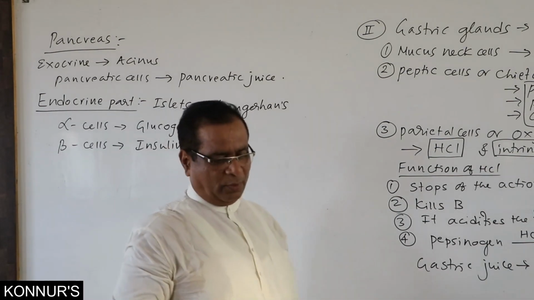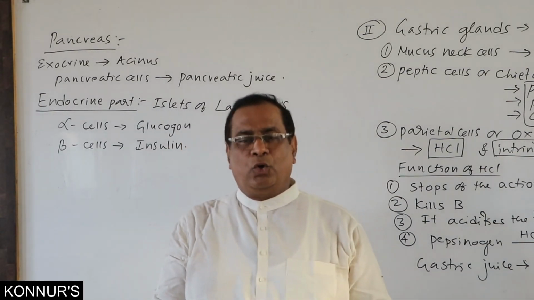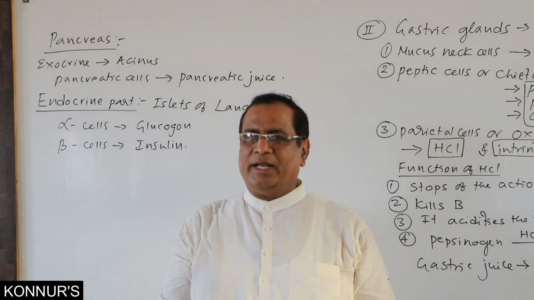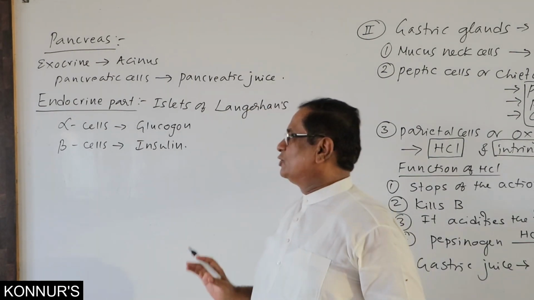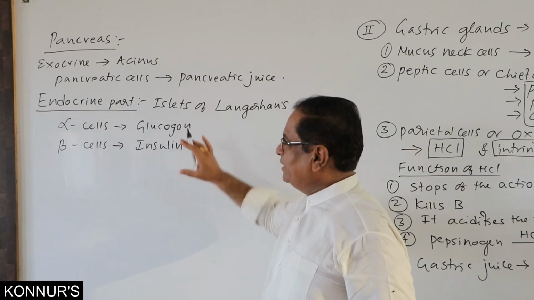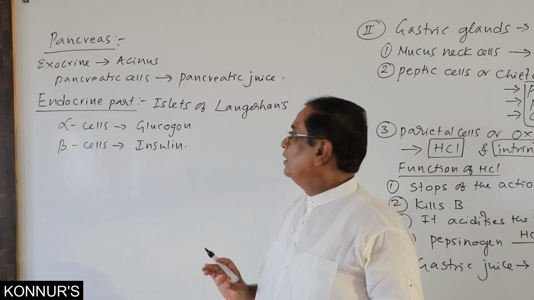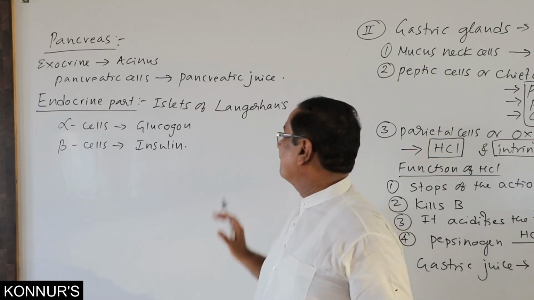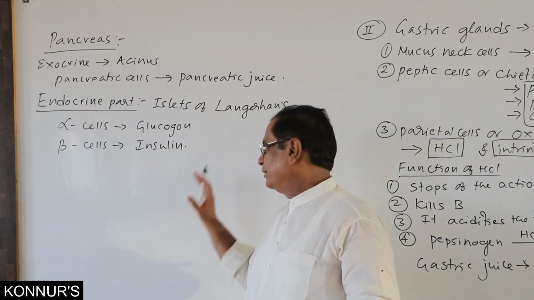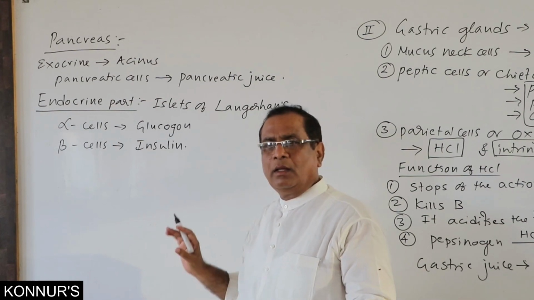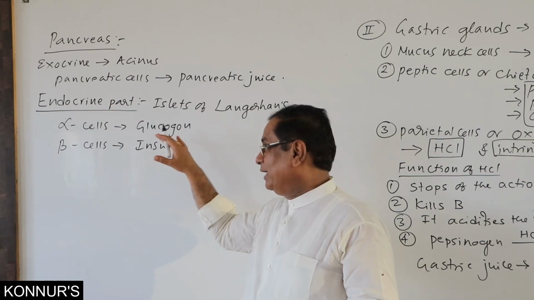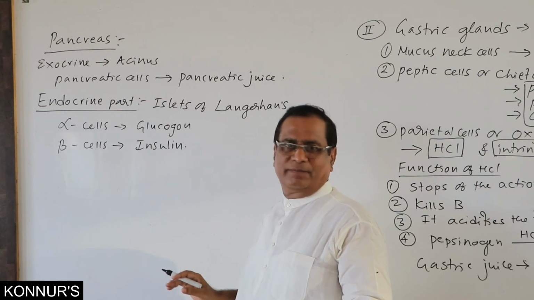Alpha cells produce glucagon and beta cells produce insulin, and these two are the hormones which are conducted through the bloodstream, not through the duct of pancreas.